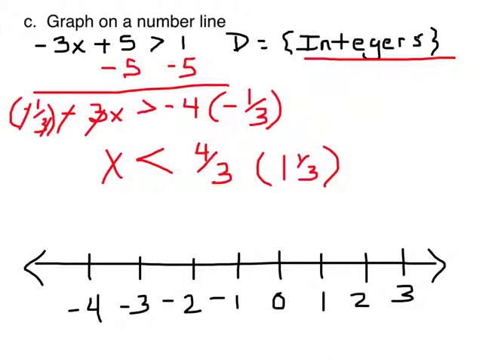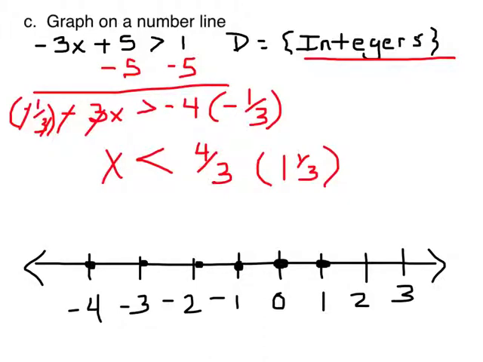The first integer that is less than 1 1/3 is +1. Then 0, then -1, and -2, -3, -4, and so on.